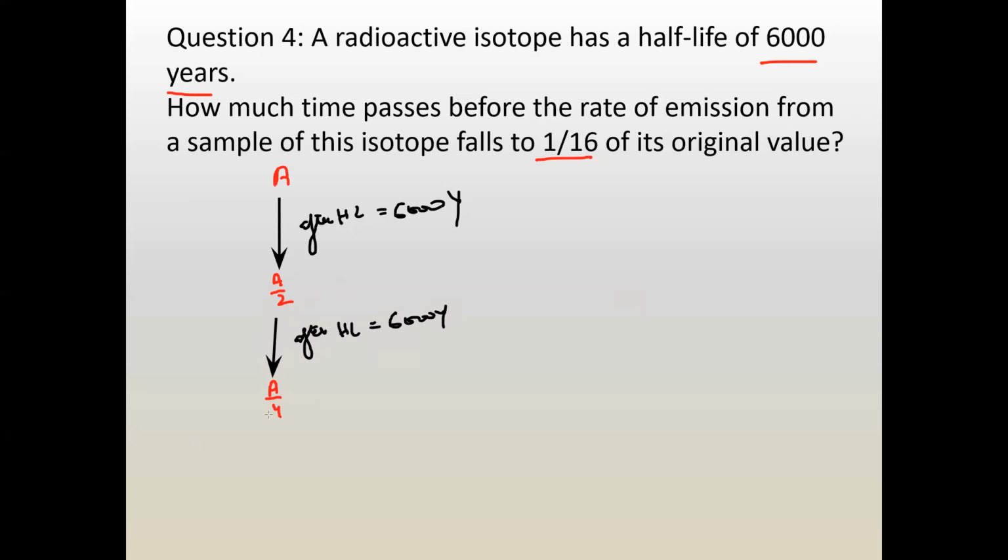Then after another half-life, how much will the sample be? It will be A by 8. This was after another 6,000 years. Then after another half-life, because we want to find when it will become 1 by 16 of the original value, this one is A by 8, then it will become A by 16.